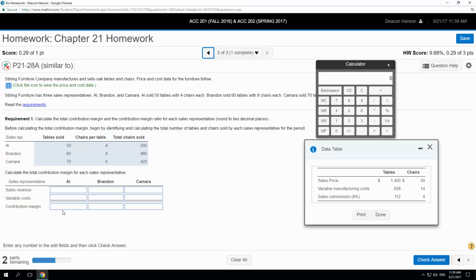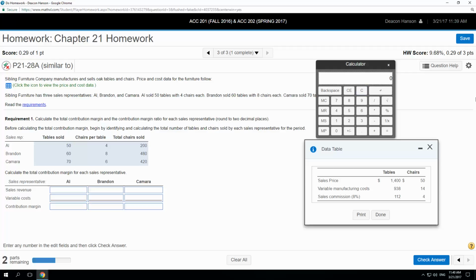So they want total contribution margin. I'm thinking that we got to multiply. So sales revenue for Al would be the total number of tables sold times 1,400 plus the total number of chairs sold times $50. Okay, so we'll do Al first.